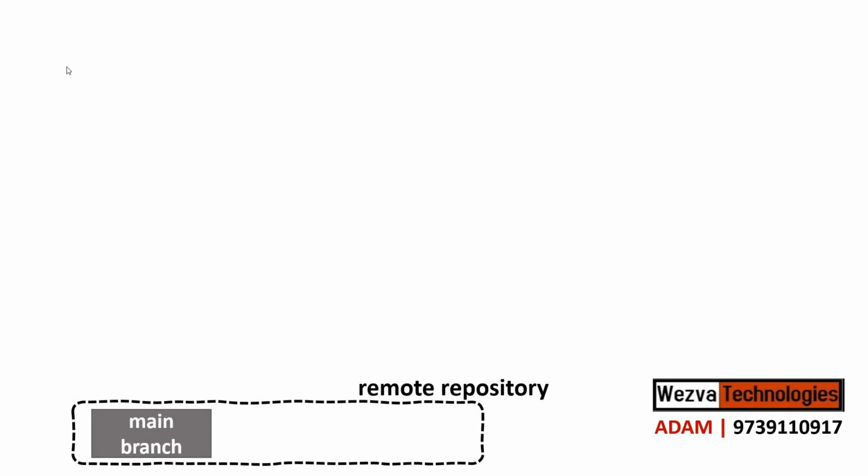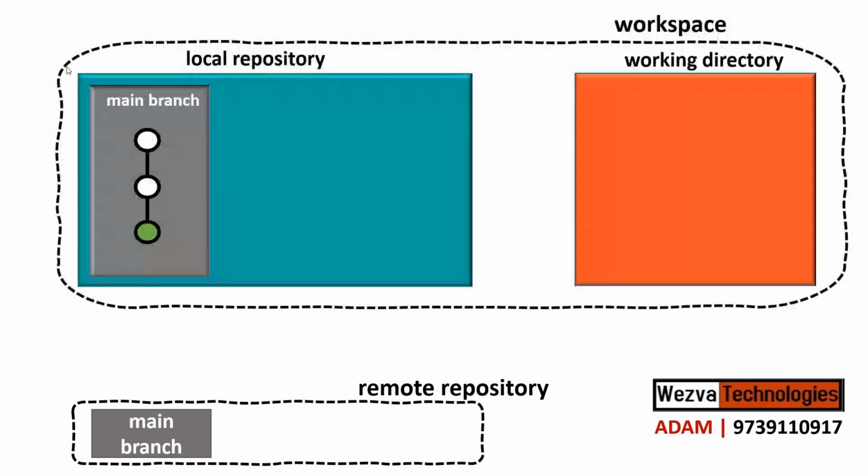When we do the clone, what you get is the workspace, which is the copy of this remote repository, and you also get the same main branch inside your local repository of the workspace. Whatever changes we made and whatever commits we created were all stored in this respective branch of your local repository.